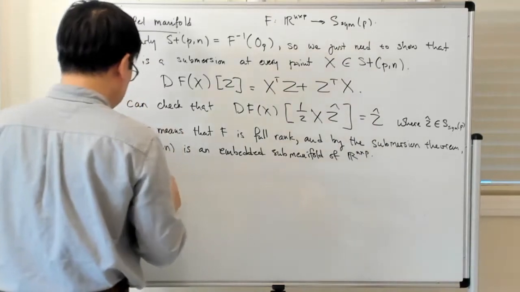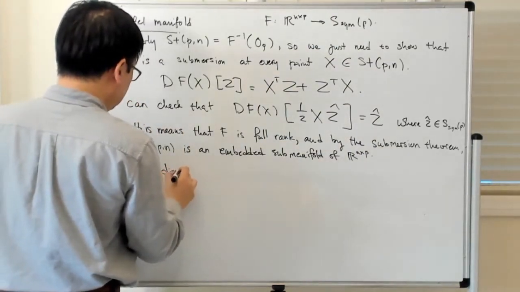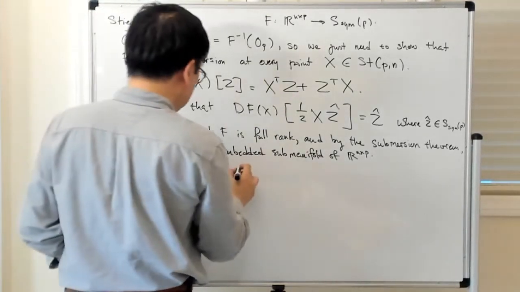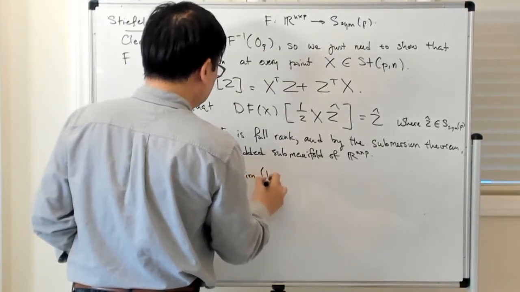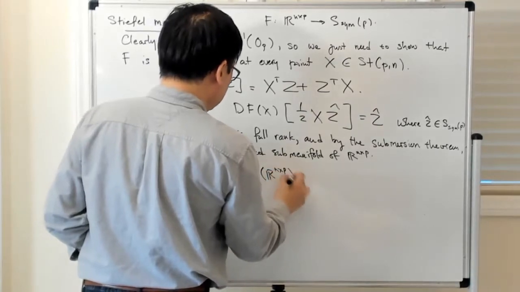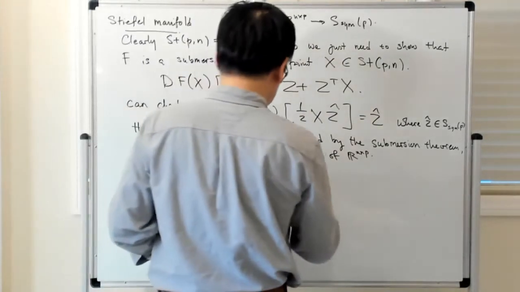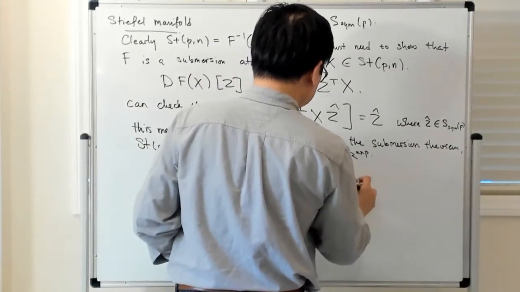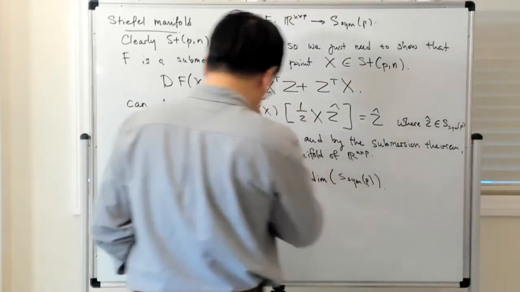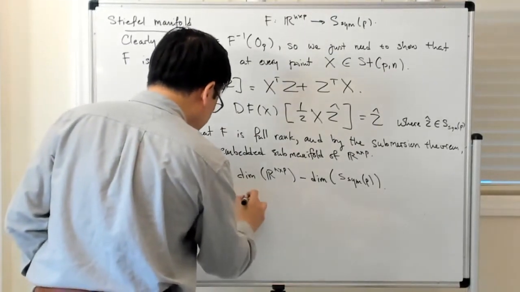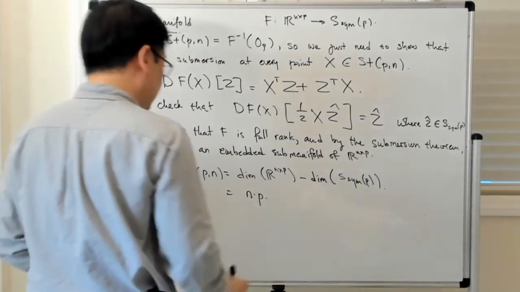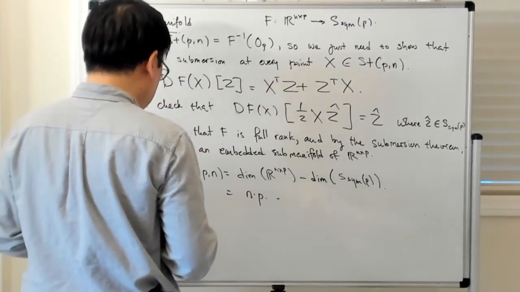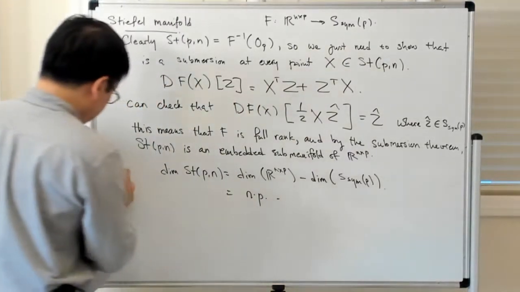So the dimension of the Stiefel manifold is equal to the dimension of R n cross P minus the dimension of the symmetric matrices of dimension P. This is just n times P minus the dimension of the P by P symmetric matrices.